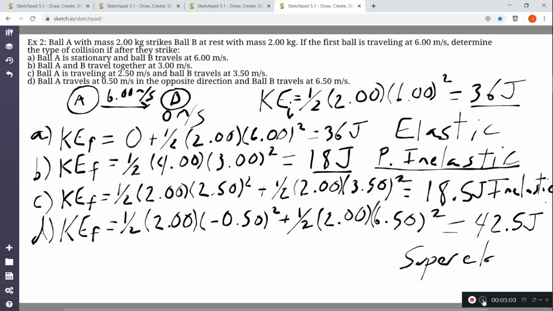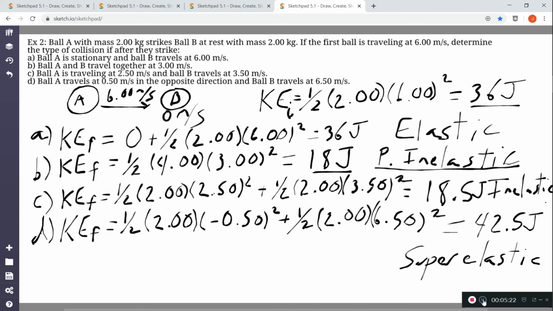Now, we're going to talk about some things that you're going to see here, and then we're going to talk about how you can't always just use that instinct. Basically, in part A, notice that both these balls have the same mass. That's a big deal because it leads to this set of reasoning. If they have the same mass, we can do a lot of shortcuts.